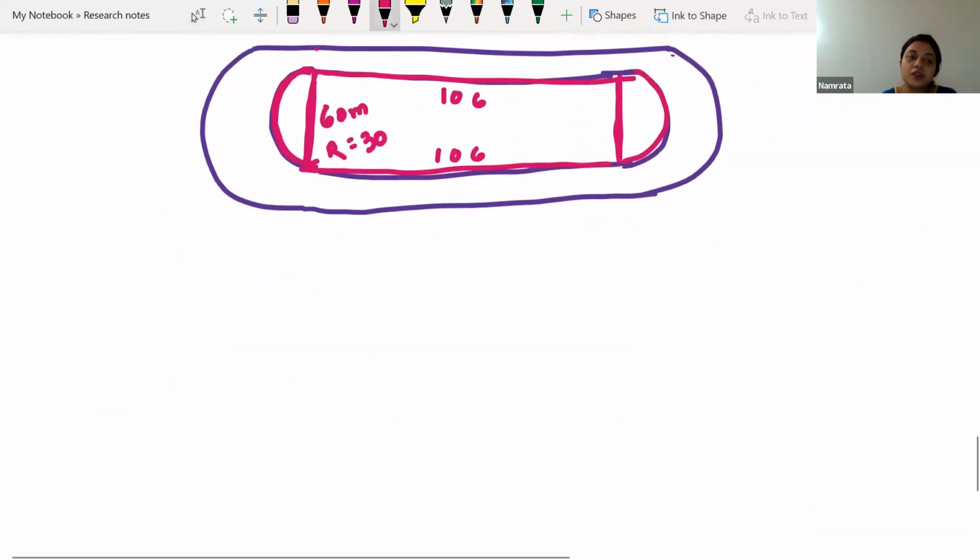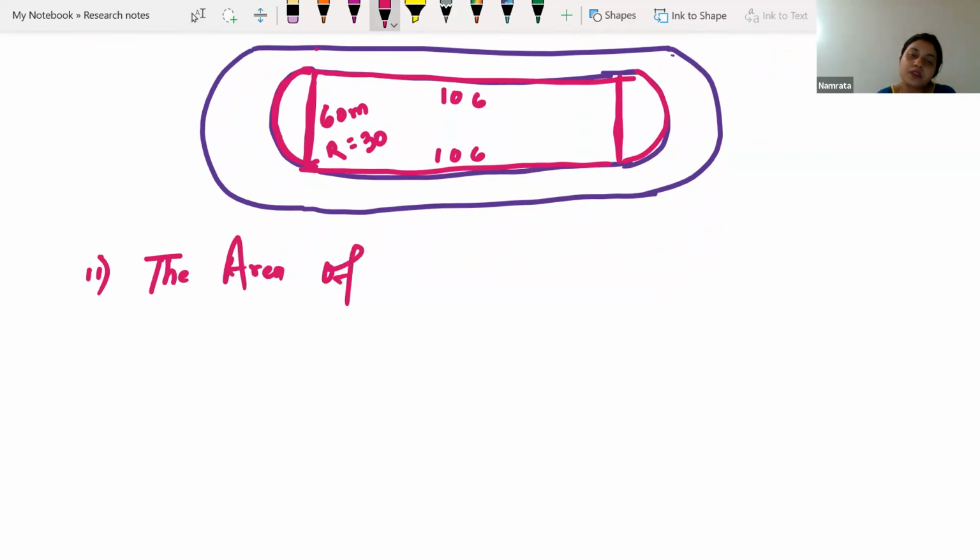Now let's move to the next part. Part 2 says find the area of the track.